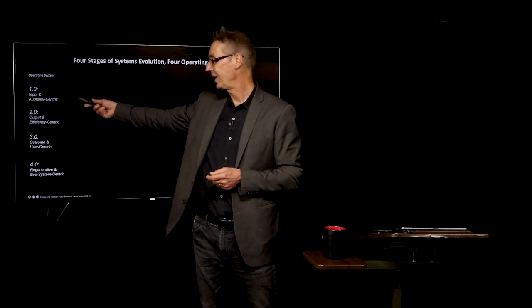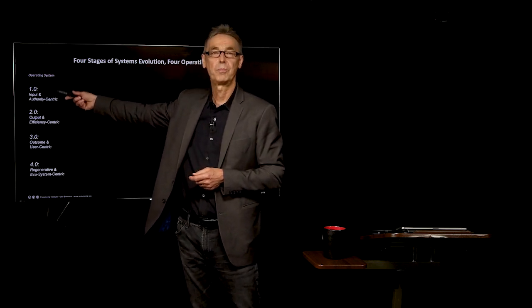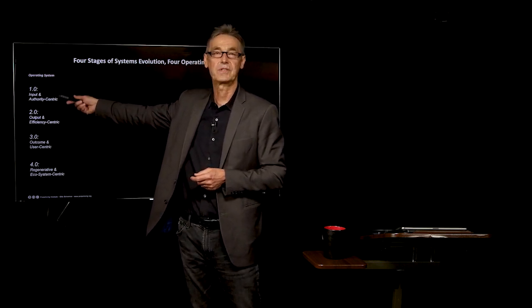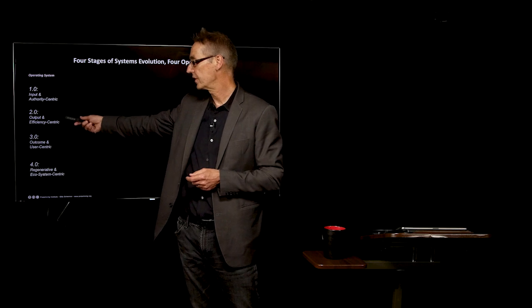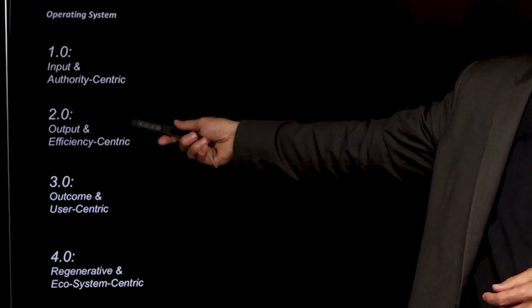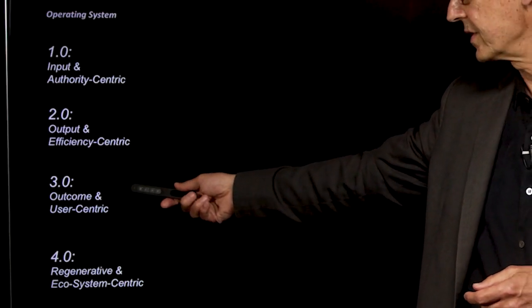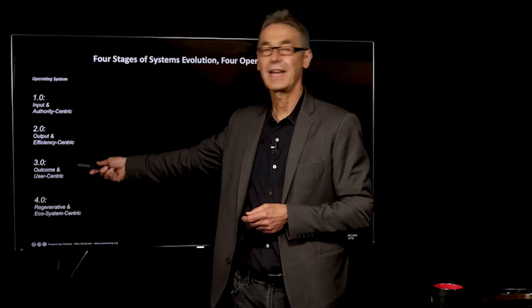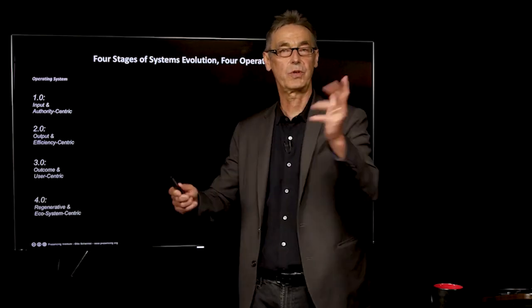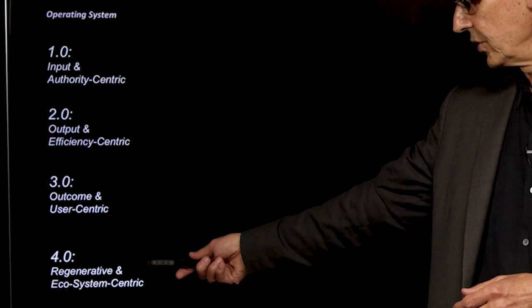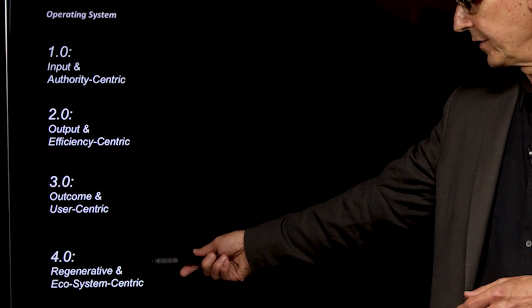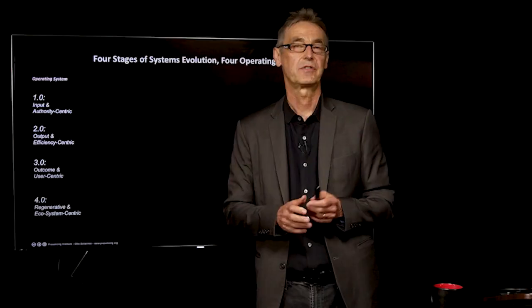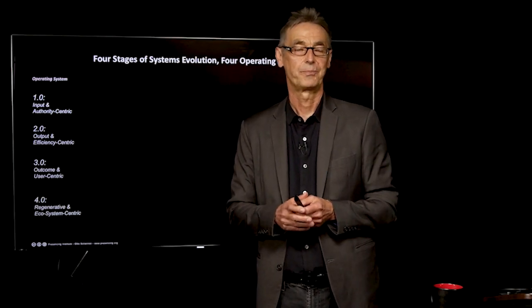The main arc is from 1.0, authority and input-centric, to 2.0, output and efficiency-centric, to 3.0, outcome and user-centric. Now you switch the perspective to the user, and then finally 4.0, regenerative and ecosystem-centric.